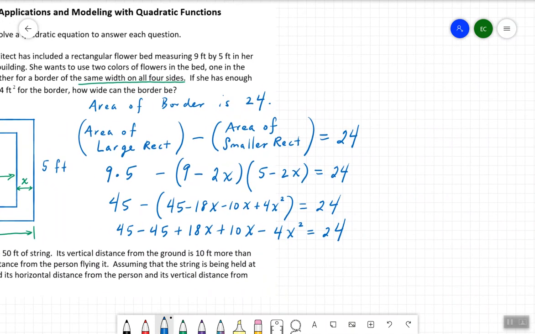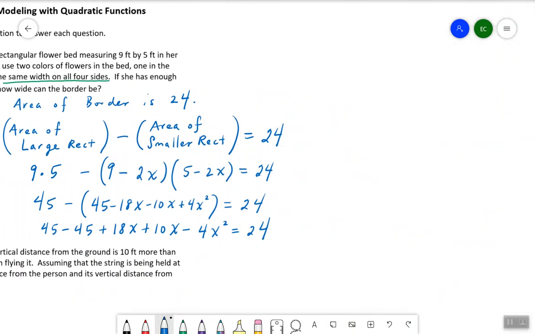And let's keep going. So 45 minus 45 cancels. The minus 4x squared, I'll go ahead and write that first. And then 18x plus 10x is 28x. And that's equal to 24.